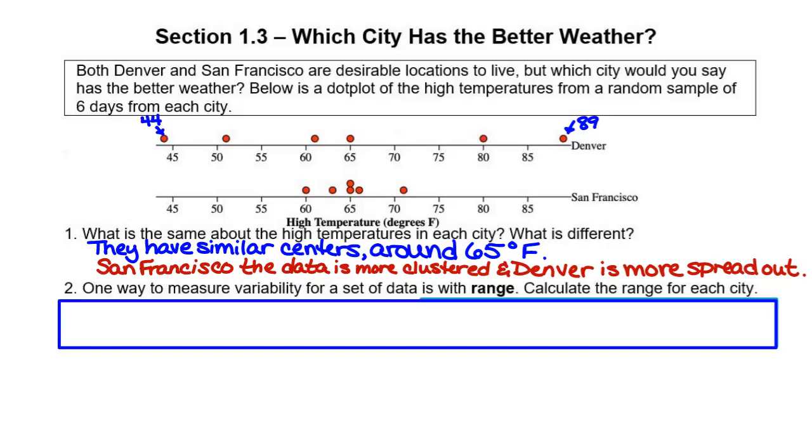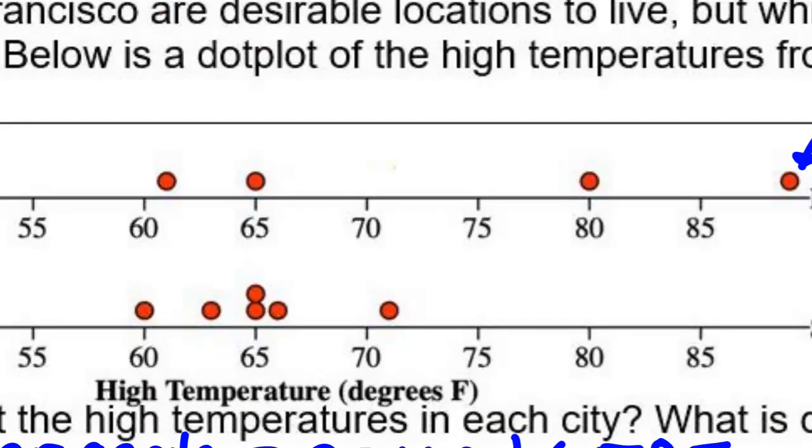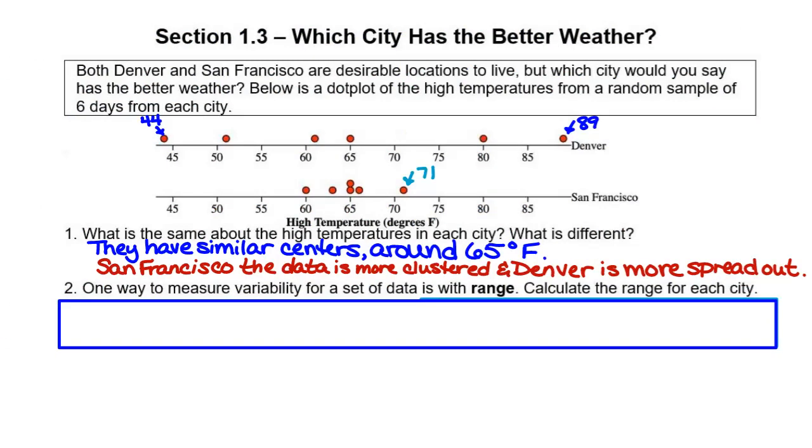For San Francisco, the farthest right dot is at 71. So what is the range for Denver?